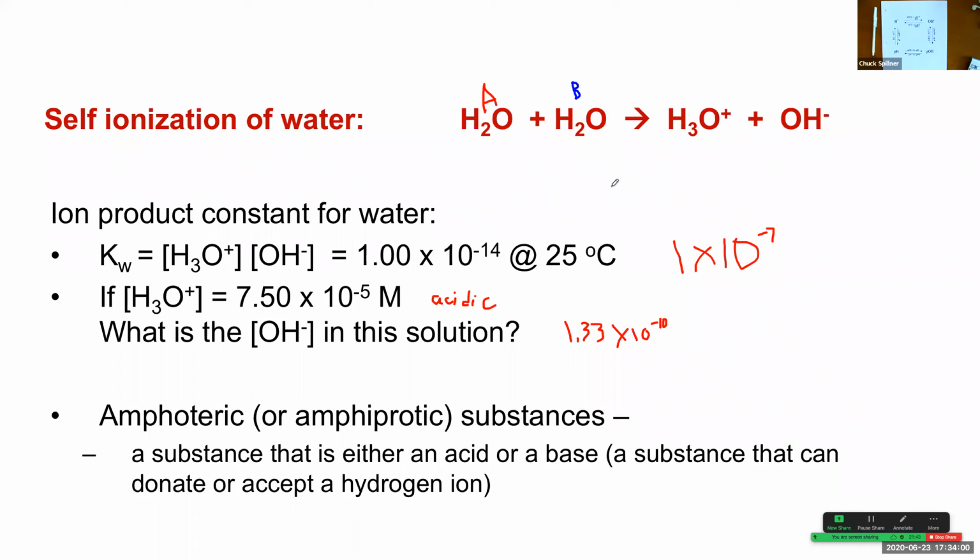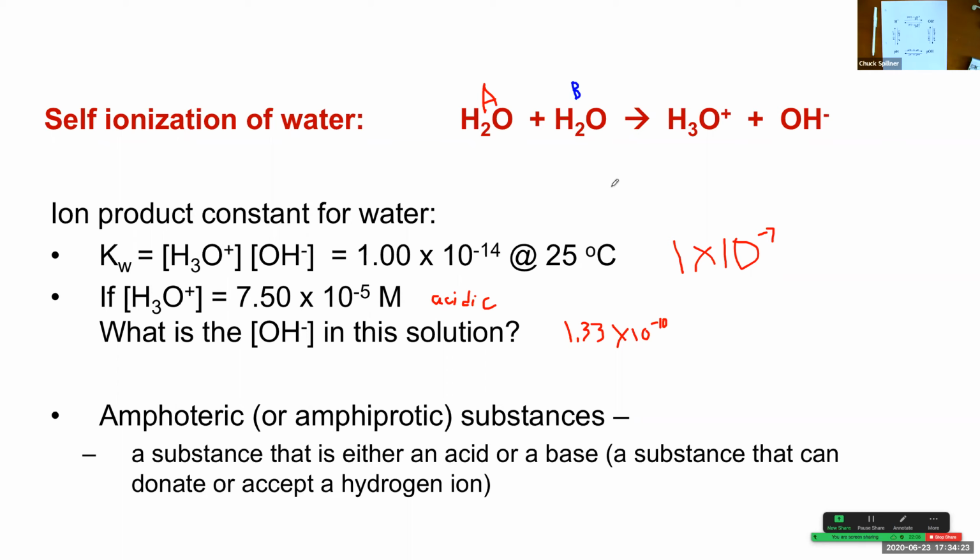Now, there are other definitions of acids and bases that we haven't talked about. So amphoteric is generic, very broad. It includes any substance that can act as an acid or a base, and that can be any kind of acid or base. We're talking about acids and bases that just transfer protons, like we're talking about now.